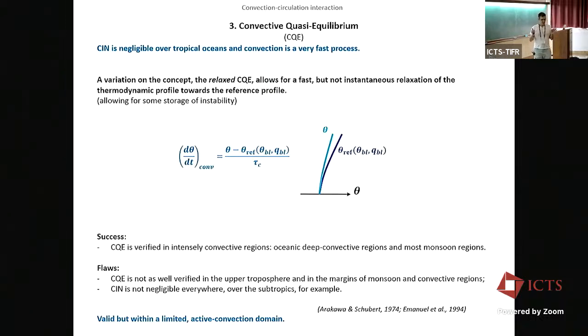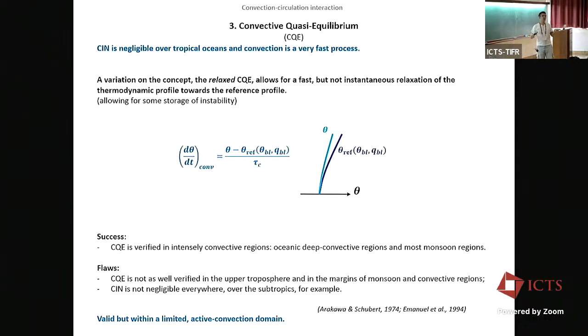And I'm talking about the margins in terms of the horizontal dimension, so actual margins of the convective regions, but also the margins of the convective zone in the vertical. If you look at not very intensely convecting regions, there will be an altitude in the upper troposphere at which it starts being less and less a good approximation.